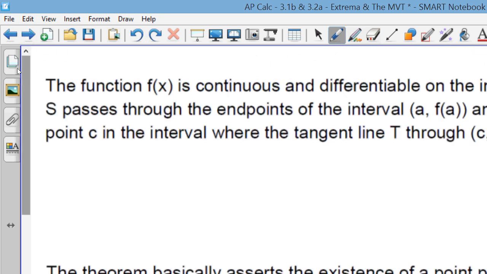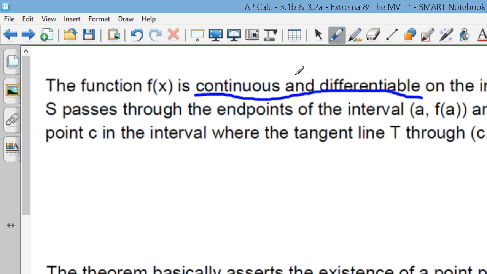So, a couple things we want to talk about here. I think you have this in front of you. If you don't, that's okay. So the function has got to be continuous and differentiable. We talked about that. That's important. On the interval from A to B, these are both x values, by the way, guys. We're just calling them A and B. The secant line passes through those values, so here's the x value with a y value to go with it.